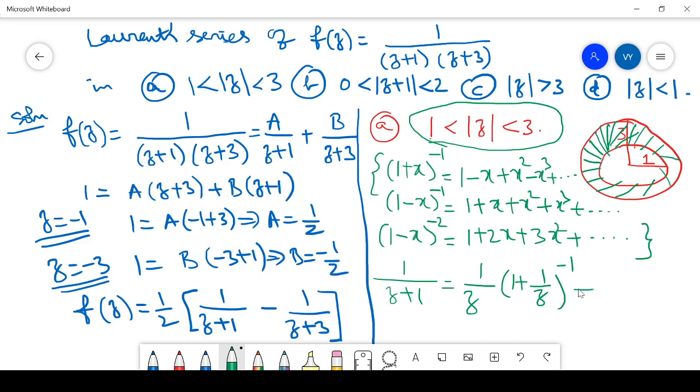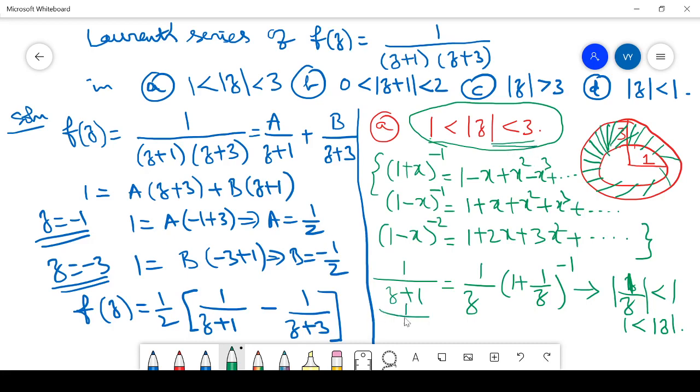To expand this, |1/z| has to be less than 1, or 1 < |z| in this case. For the second part I require |z| < 3.